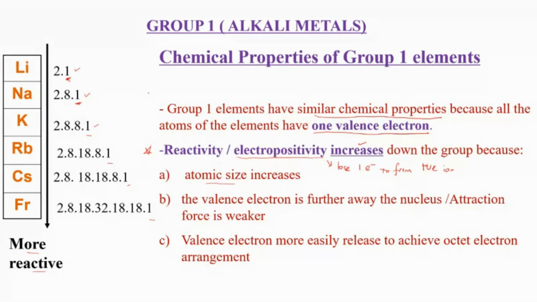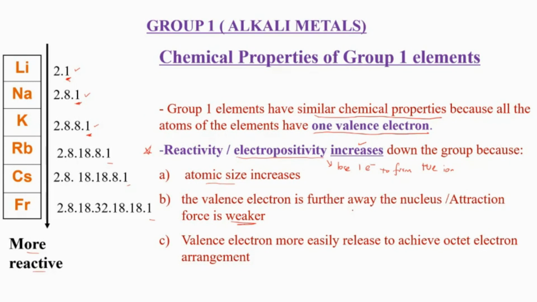Group 1 tends to lose one electron to achieve the octet electron arrangement. The valence electron is further away from the nucleus, or you can say the attraction force between the nucleus and the valence electron becomes weaker.